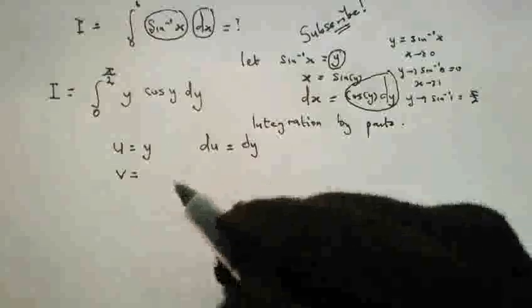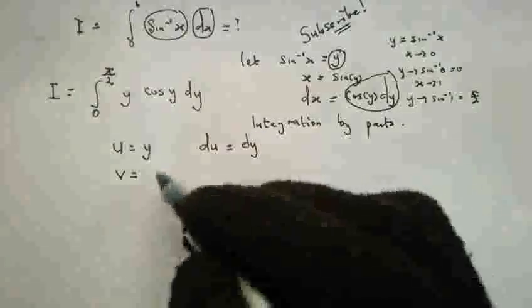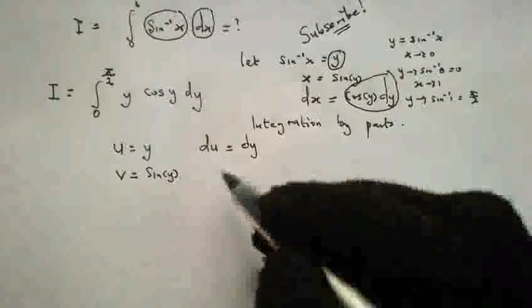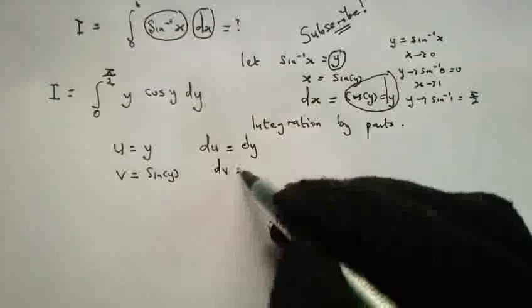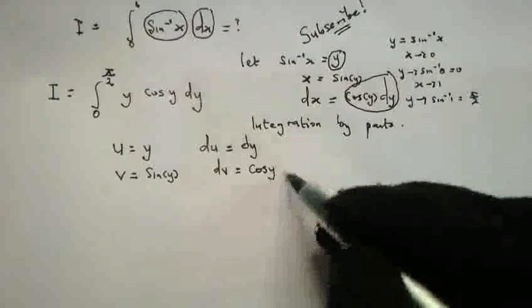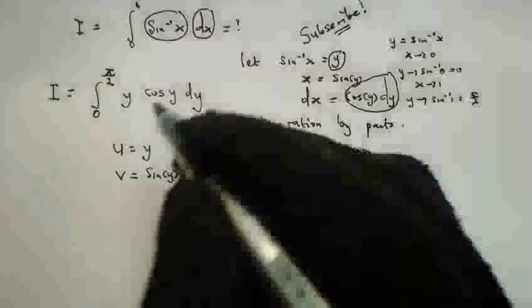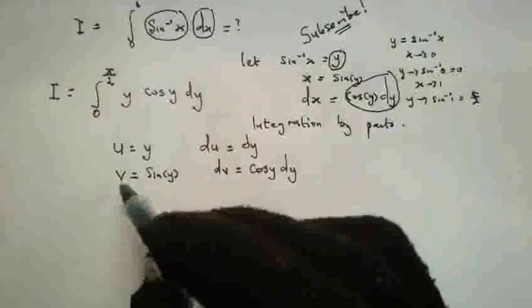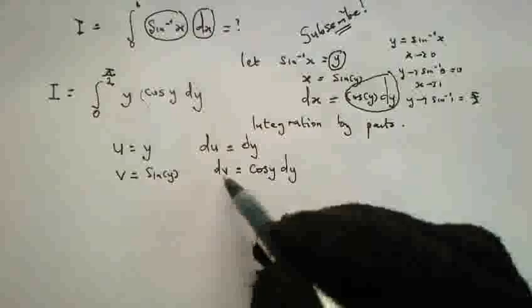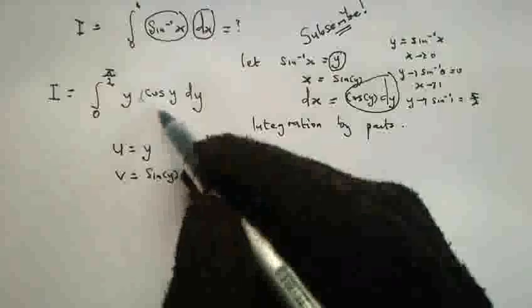If you integrate cosine y, recall that we're going to get the sine function of y. The derivative of sine of y gives us cosine of y dy, which is here already. So our v will always be the integral of this function, so that when we differentiate it, we get this function back.